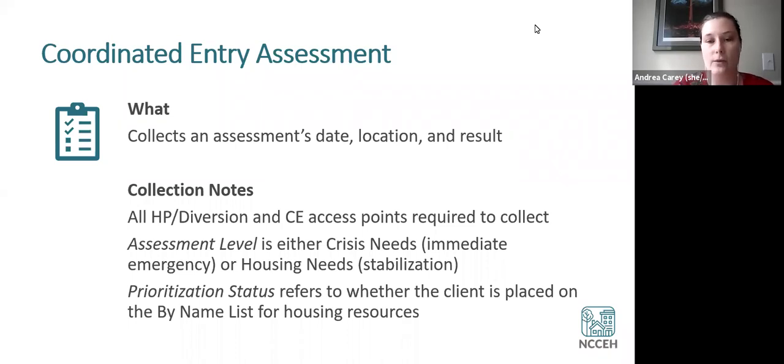So we're identifying whether this was an assessment around crisis needs or immediate emergency needs, that would be something like temporary shelter, or housing needs for longer term stabilization, which would look more like our permanent housing resources in the community. So we distinguish the assessment based on level.